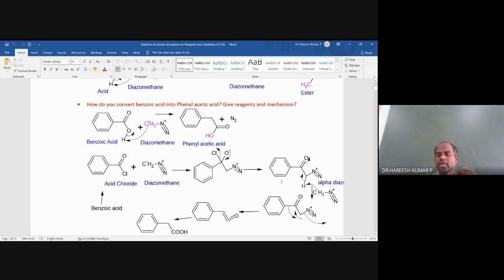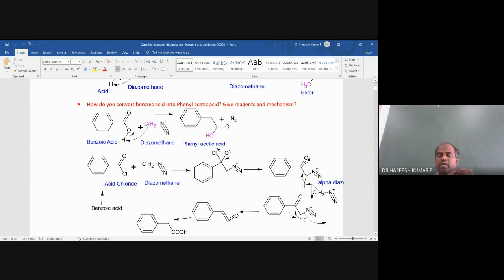Alpha diazoketone can react with one more molecule of diazomethane. What will it do? It will capture this proton, leaving behind the bonded pair, so this carbon attains a negative charge. That is what I have written here as CH2 minus. This CH2 minus can come over here, and this N plus takes the bonded pair and goes out. At that time this bond pair is coming and forming a bond here.